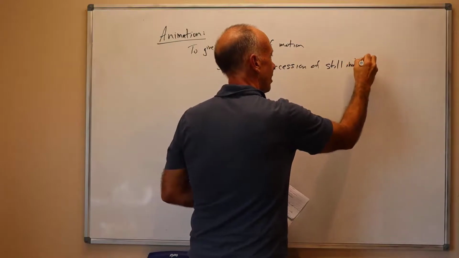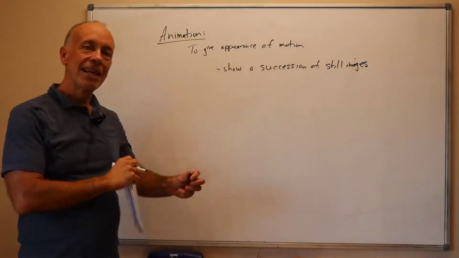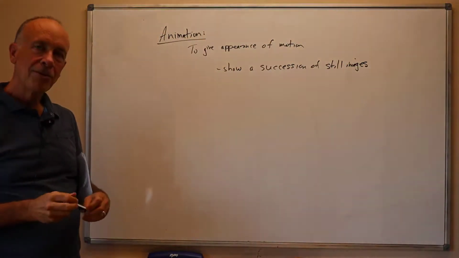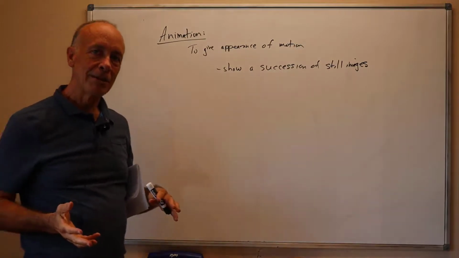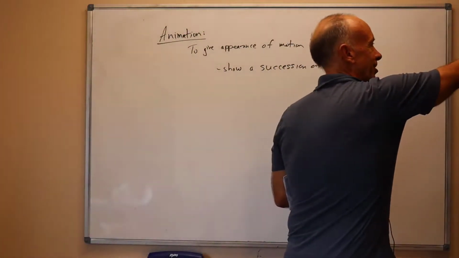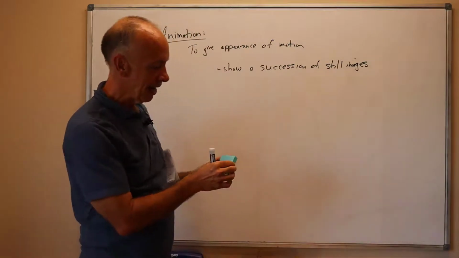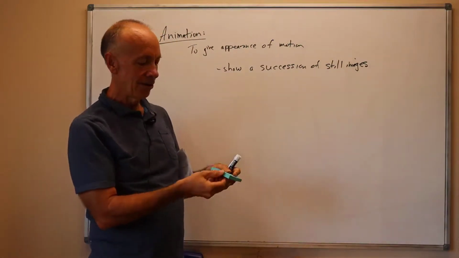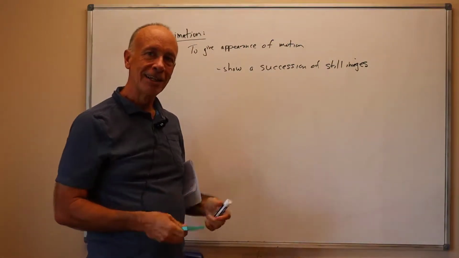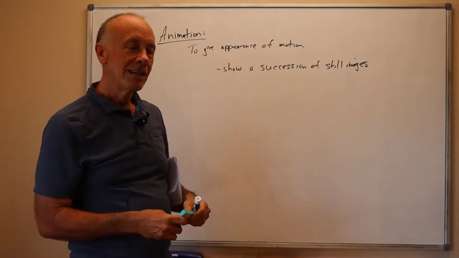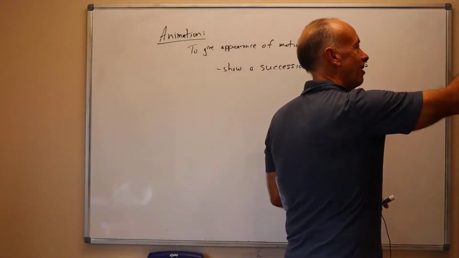And your visual system just makes that look like a moving image. Probably most of you have done a simple example of this back in grade school when you drew little stick figures on the pages of a book, and you flipped the pages by and it looked like it was moving. So that's a very simple example of that.